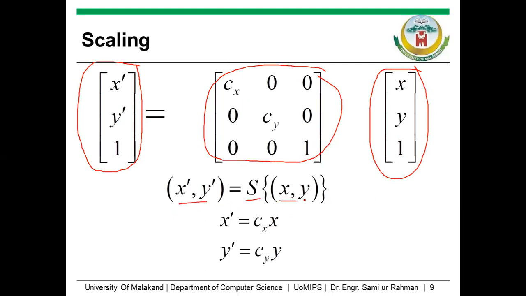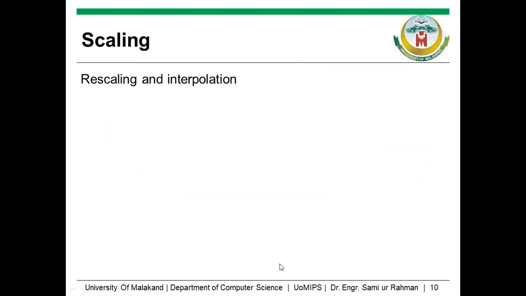We can compute it as: the new scaled value is equal to cx multiplied by x, where cx is the value for the x-axis in the scale matrix, and y prime is equal to this multiplied by this. From these multiplications we get these values.